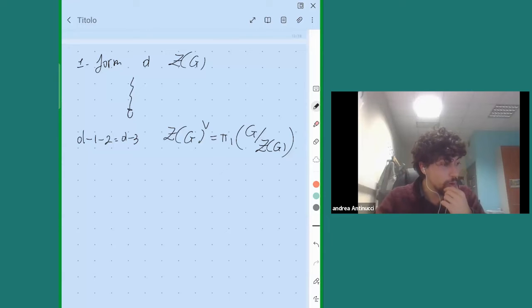So for instance, the one-form electric symmetry, the one associated to the center, can be used to characterize precisely what is confinement in gauge theory. Confinement in gauge theory can be defined as the fact that the one-form electric symmetry is not spontaneously broken. And so the Wilson lines, as you know, are order parameters for confinement.